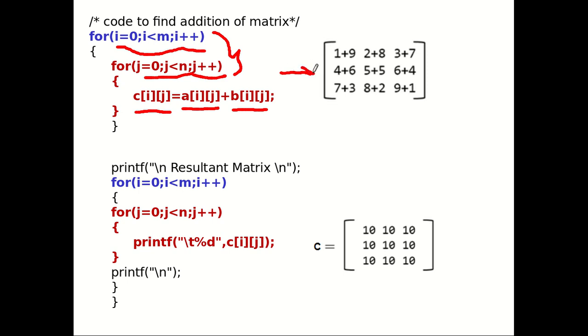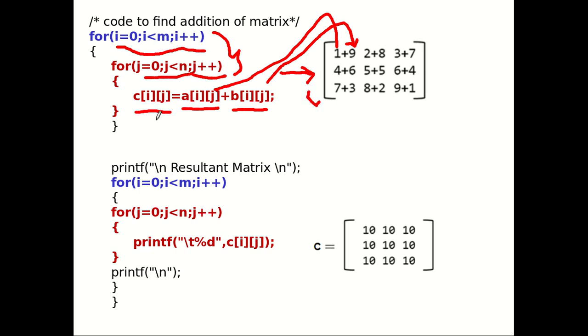So this indicates what here? The matrix A 0th row, 0th column value, and this indicates 0th row and 0th column of matrix B. See, after addition, so this matrix is what here?